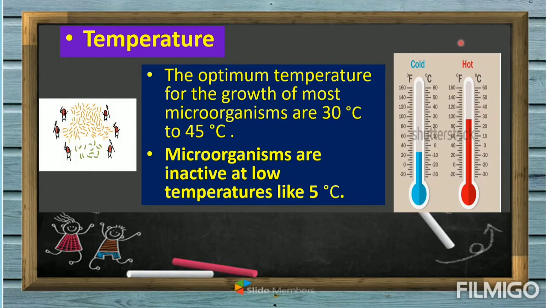As you can see here, this is the thermometer, an instrument that measures the temperature. If the temperature reaches 30 to 45 degrees Celsius, then most microorganisms are able to reproduce rapidly. But if the temperature is low, like 5 degrees Celsius, the microorganisms are inactive and do not reproduce rapidly.